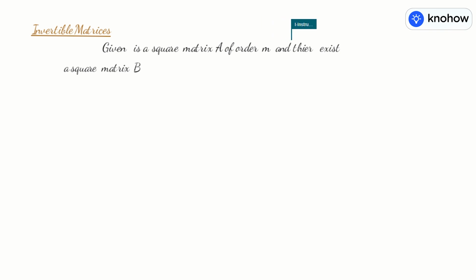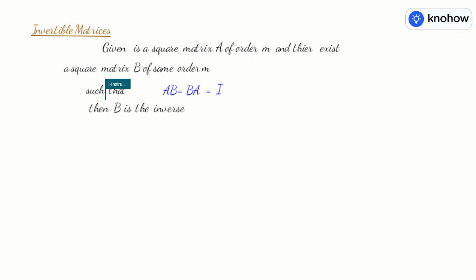Given is a squared matrix A of order M, or you may write M by M, and if there exists another square matrix B of the same order, that is of order M by M, such that the product AB is the same as BA is equal to the identity matrix of the same order, then B is the inverse of matrix A and is denoted by A inverse.